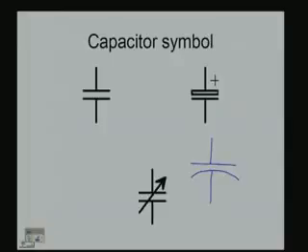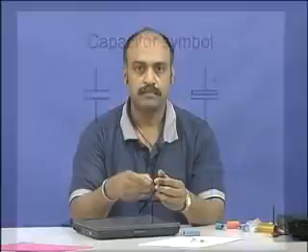This also sometimes is used for electrolytic capacitors, that is polarized capacitors, with the straight line plate indicating plus, positive with respect to the curved plate. This is also one of the symbols that you would be coming across more commonly.